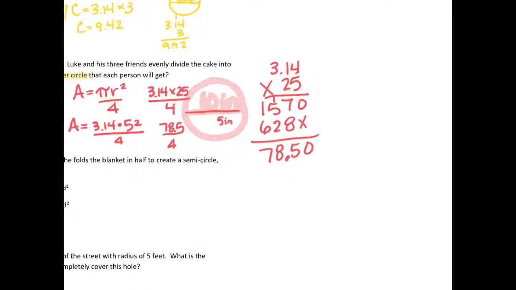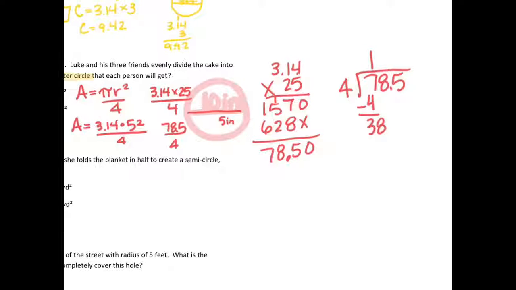Okay, so I'm going to do 78.5 divided by 4. So that should be my last step. 4 goes into 7 one time. 4 goes into 38 9 times. Go ahead and carry my decimal up. It goes in 6 times here.